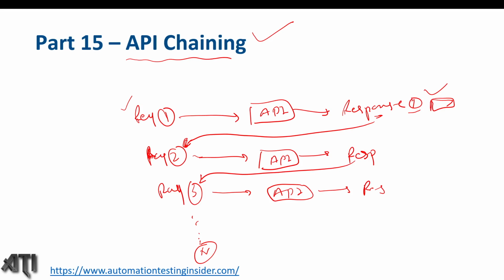To increase the reusability. Let's say this particular request is a post request, which creates a record in the database for students. For a student we have student ID, name, and some other fields like subjects.